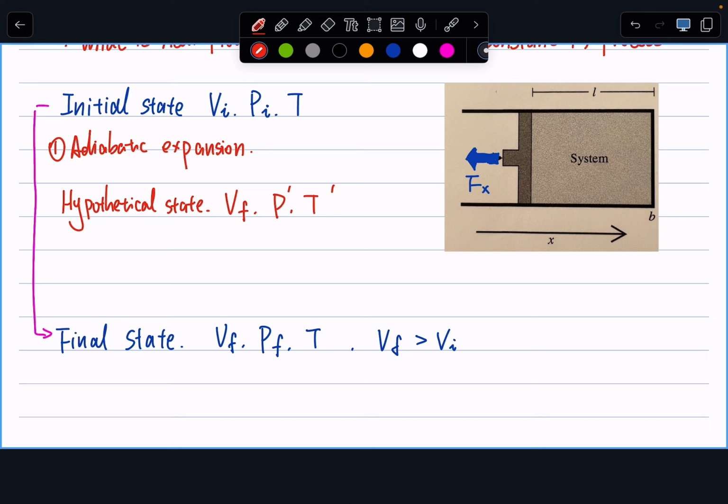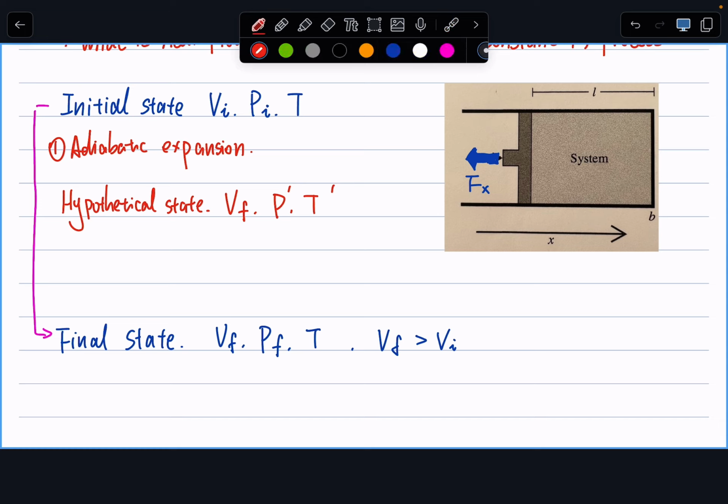All right, so in this process, what we're saying is, let's install a hypothetical adiabatic wall around my system. And by adjusting pressure and temperature, we can get the adiabatic expansion of my initial state to a hypothetical state.